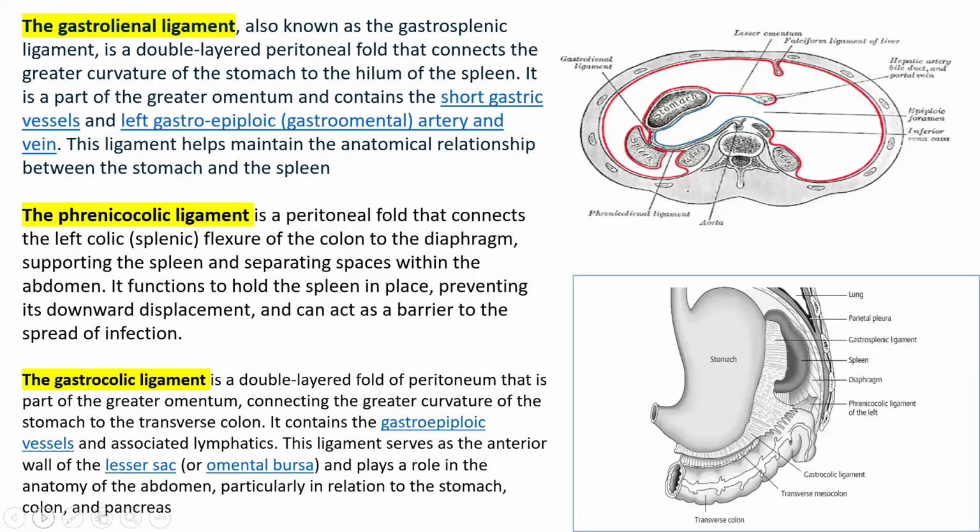Now, there are many types of ligaments. The gastrosplenic ligament, which is also called the gastrolienal ligament, is a double-layered peritoneal fold that connects the greater curvature of the stomach to the hilum of the spleen.